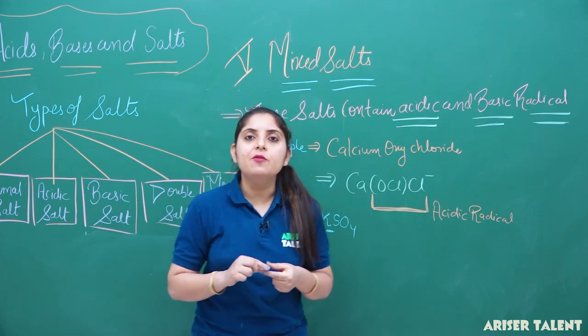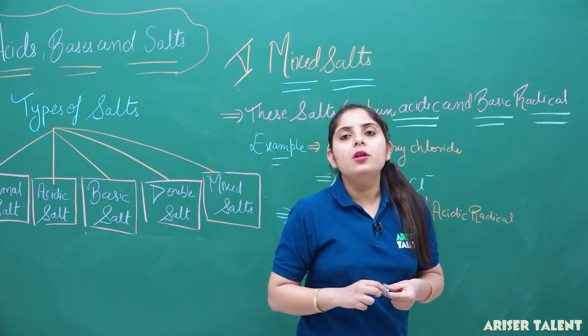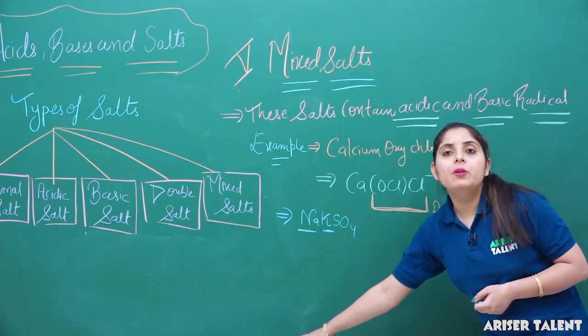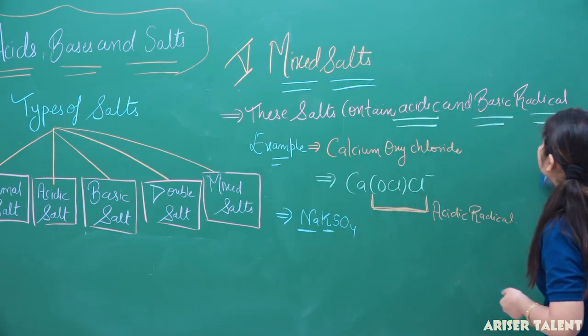Now our second category was what are the types of the salt depending upon their pH value. So we are moving to our next category, that what will be the salt depending upon the pH value.